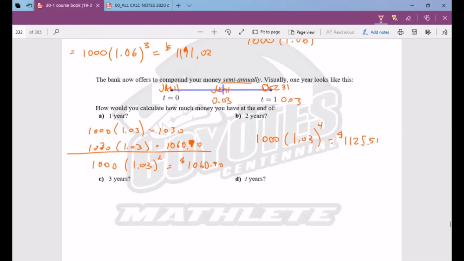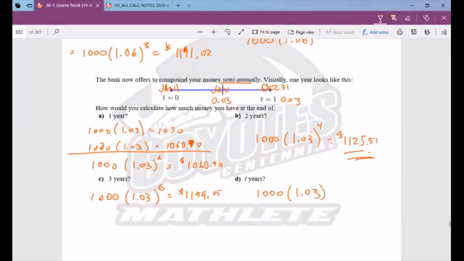At the end of 3 years, we could either take our answer from here and multiply it by 1.03 2 more times, or we could just take $1,000, your initial, and 6 compoundings of interest ends up being 1194.05, 1,000 times 1.03 to the 6.